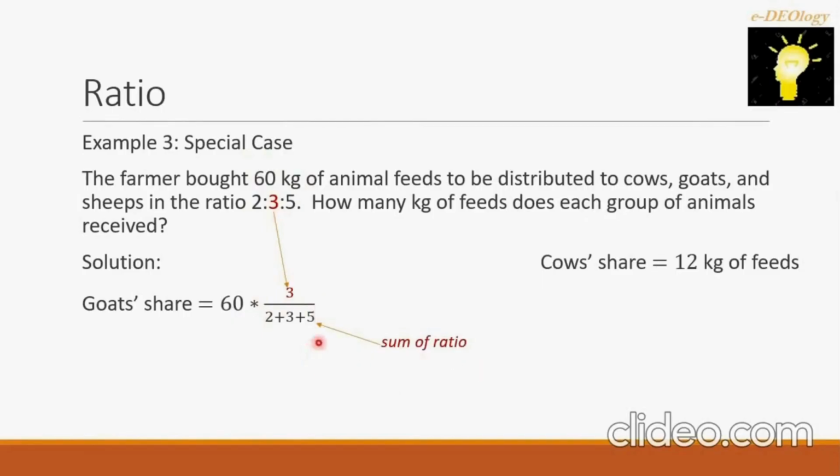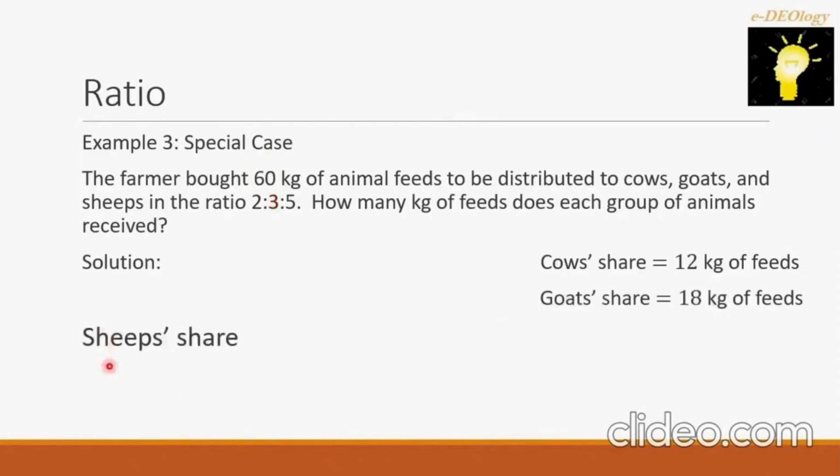Then we simplify. We multiply the 60 by 3 and get 180, divided by the sum of these numbers, which is 10. And then we divide. 180 divided by 10 gives 18, or 18 kg of feeds. That is for the goats.